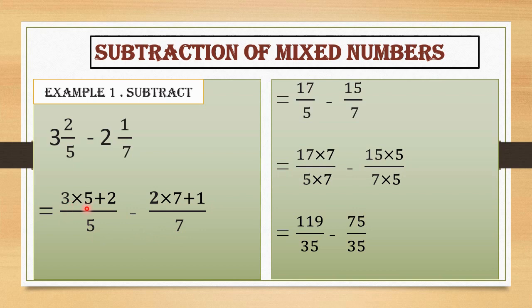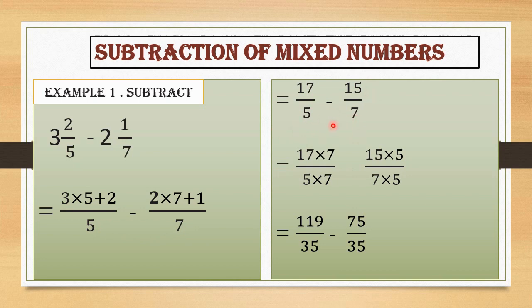So 3 5s are 15 plus 2, that is 17 upon 5, minus 2 7s are 14 plus 1, 15 upon 7. So here you will get 17 by 5 minus 15 by 7.